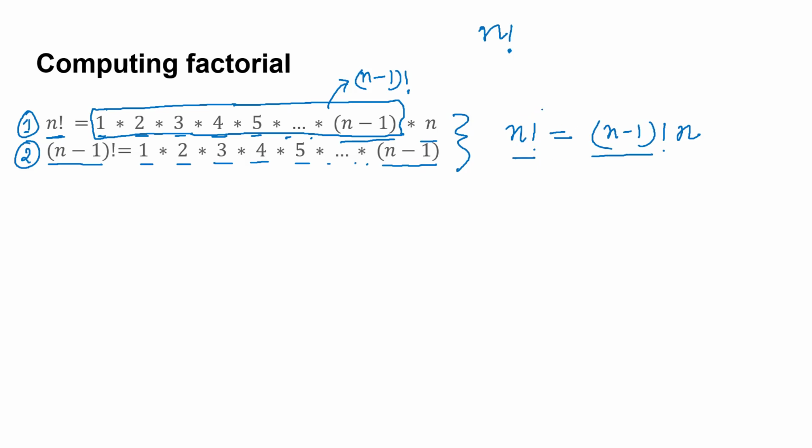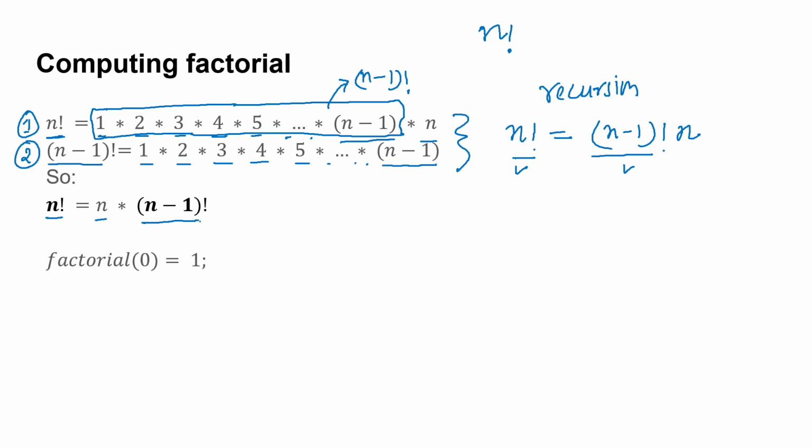This is a kind of recursion, where the factorial of n has been defined in terms of factorial of n minus 1. So n factorial equals n multiplied by n minus 1 factorial.